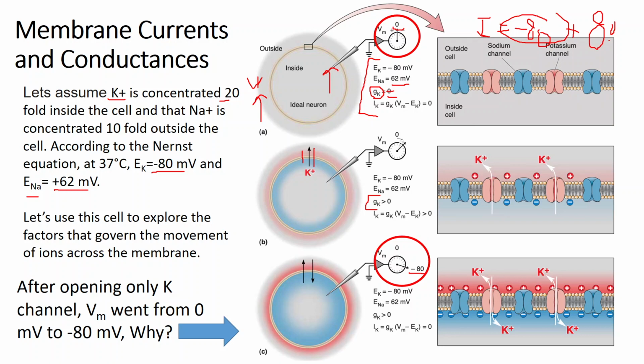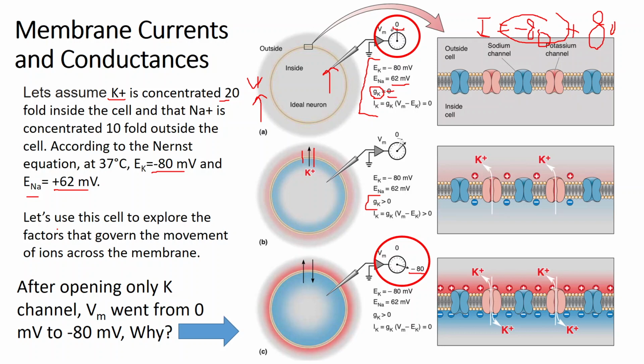When the ionic driving force is 0, although all the channels are open and the conductance here in this example is more than 0, there is no ionic driving force for the ion to move. So there will be no current, and no movement of potassium.